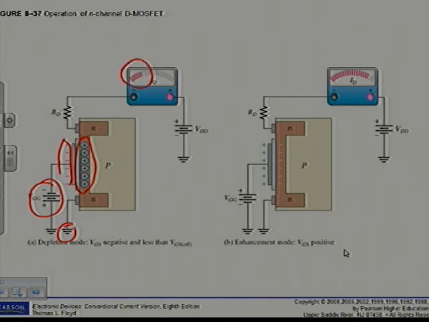When I make my gate more positive, I will have positive charge on the outside and electrons in my channel, and that will increase my drain current flow. That means by varying the voltage on the gate, I can vary the current flow between my drain and my source. In the case of the D MOSFET, there exists a channel between the drain and the source.